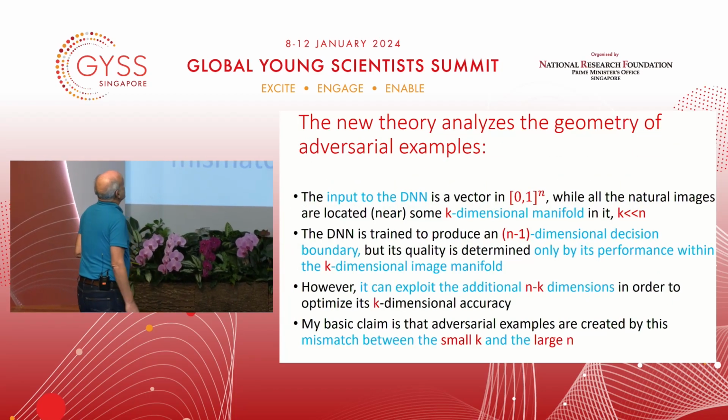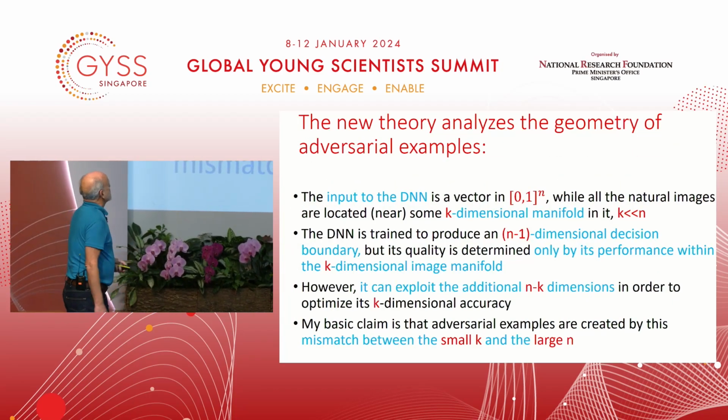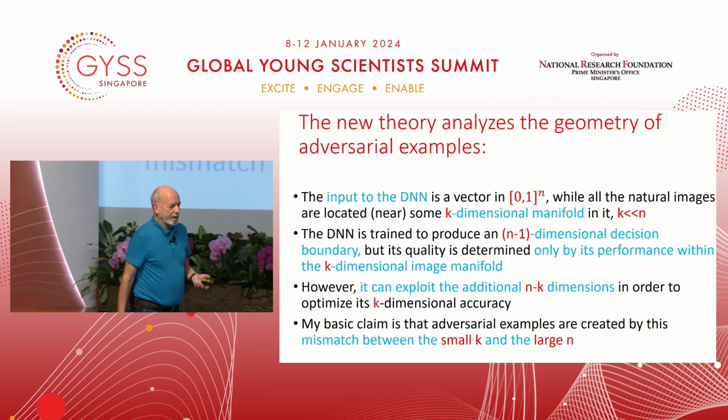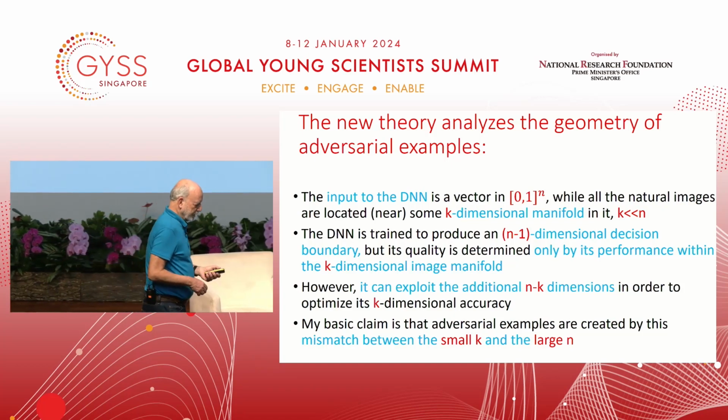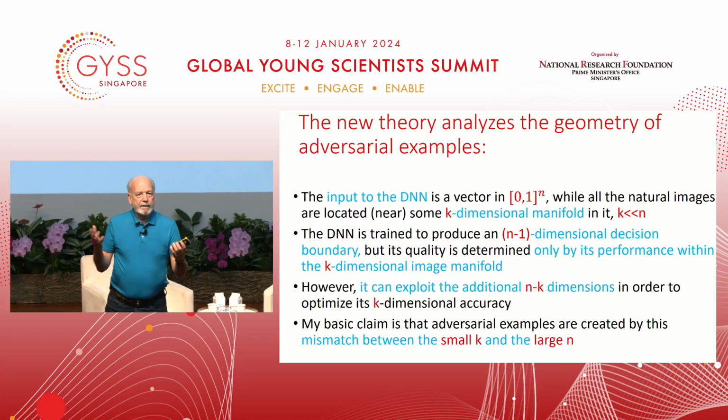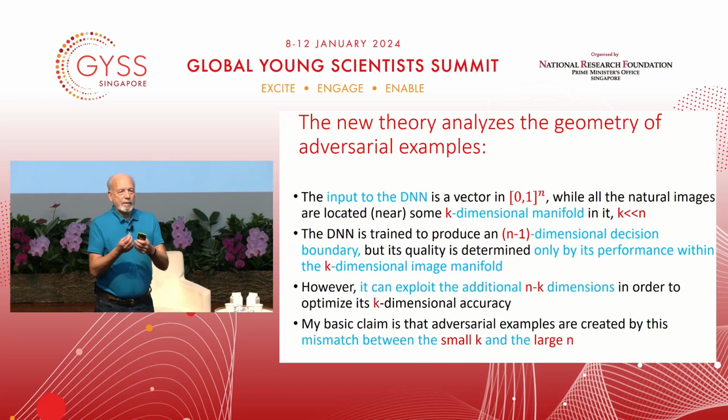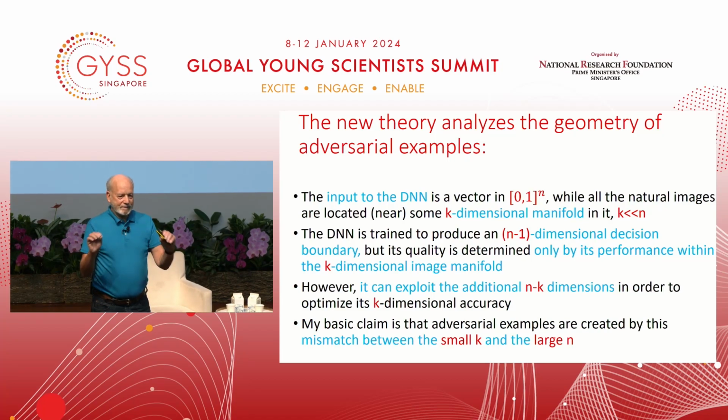So the new theory analyzes the geometry of adversarial examples, and basically I'm going to look at high-dimensional domains where it is known that natural images occupy only a tiny sub-region within the input space.